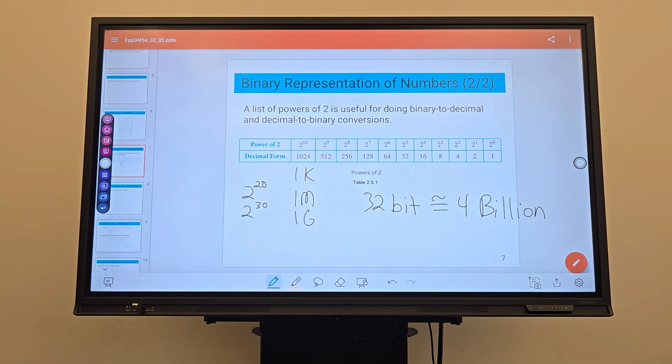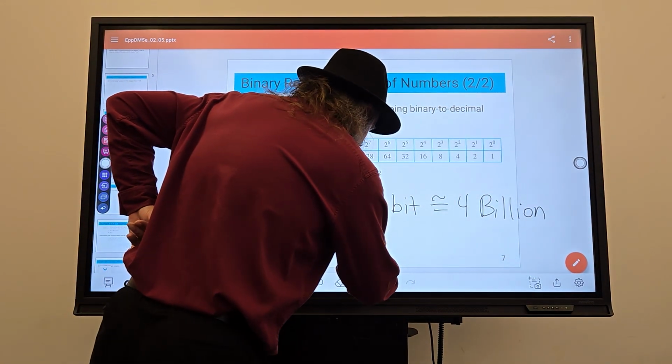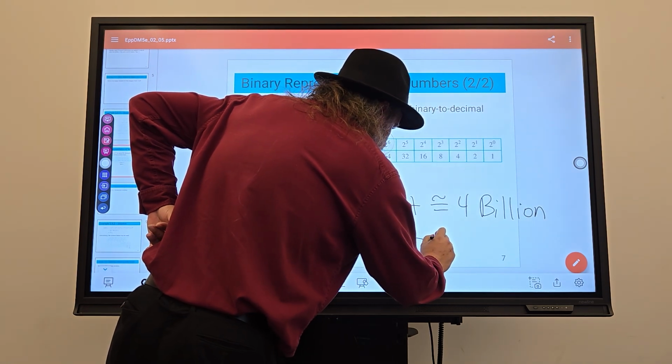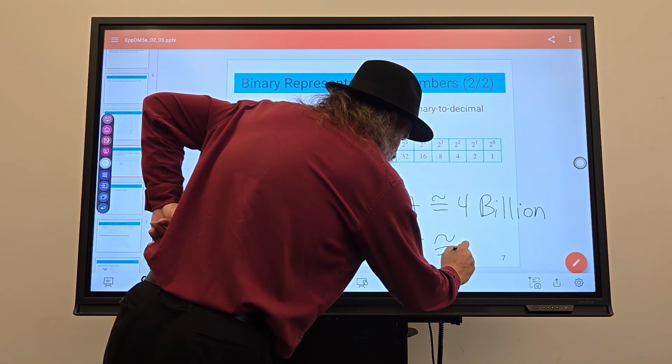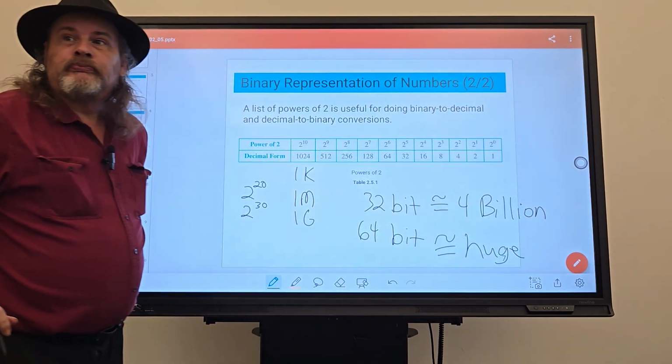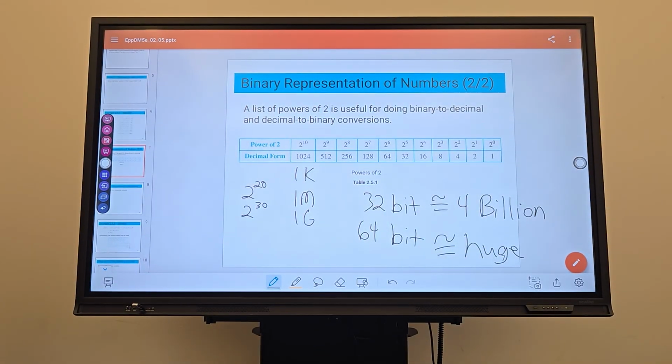Now computers are 64-bit, which is approximately huge. Not going to run out of memory anytime soon. No single processor that I'm aware of has that much memory addressed to it directly.